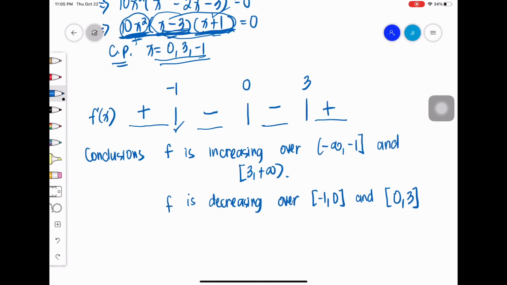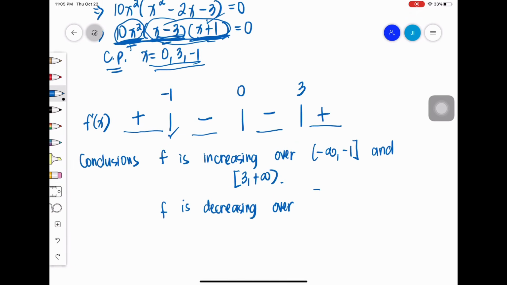But since f is continuous at 0, we can say that f is decreasing over the entire interval negative 1 to 3. Okay?